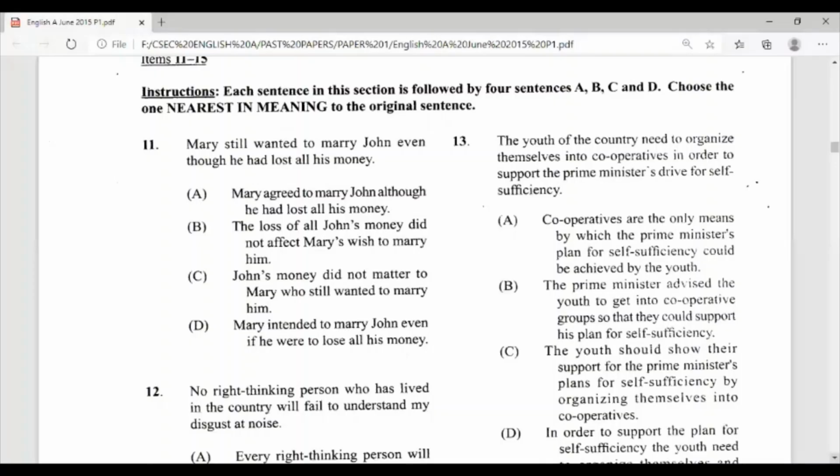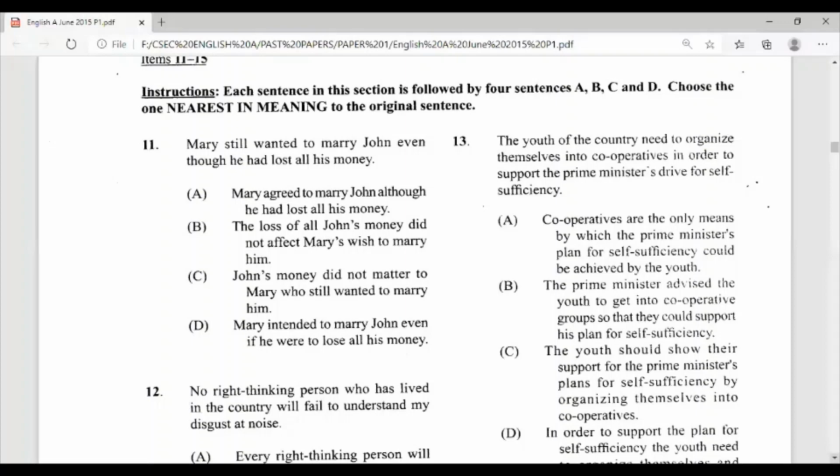She's still going to marry him anyway. So which sentence would be best? Mary agreed to marry John although he had lost his money. This agreement to marry John is not although he had lost his money. It's not an agreement after losing the money. So we're not going to choose that one just yet. But let's look at the other options.